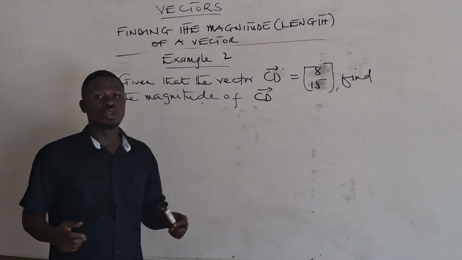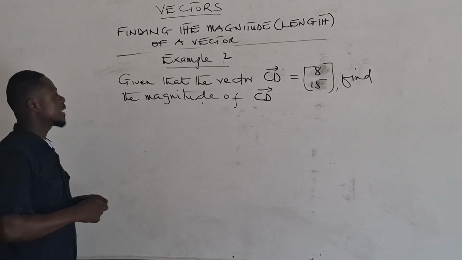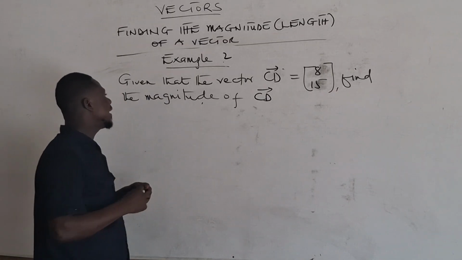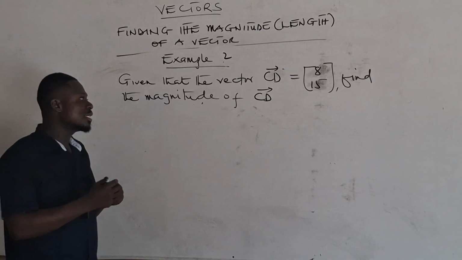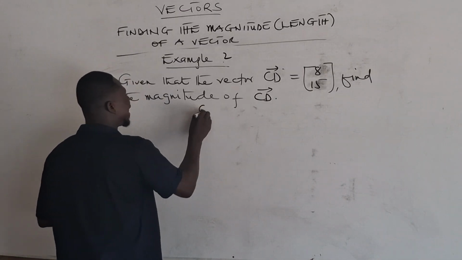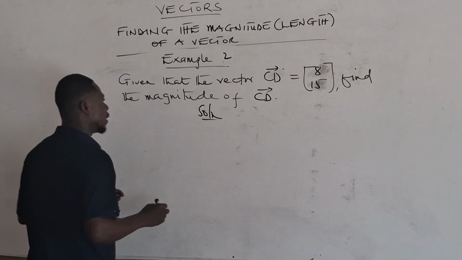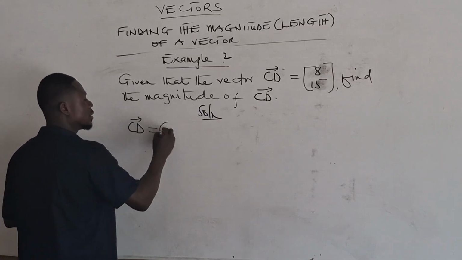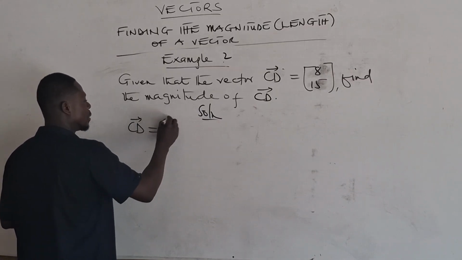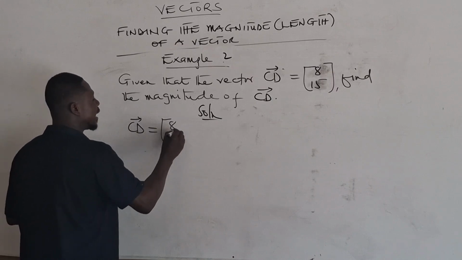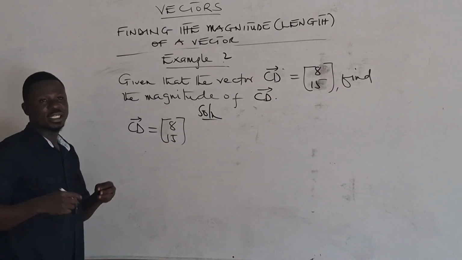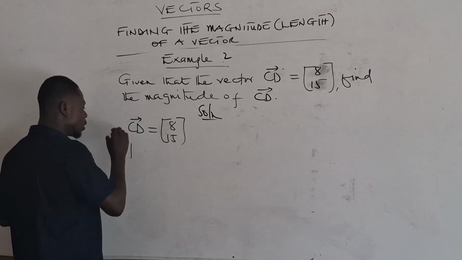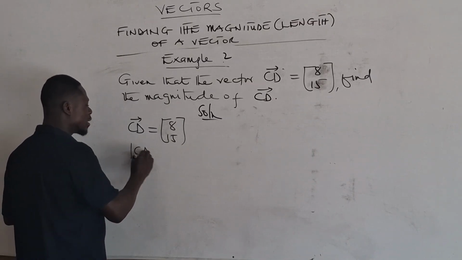In our example 2, we are given that the vector CD is equal to (8, 15). Find the magnitude of vector CD. So let's quickly look at how to find the magnitude. We have the vector given as (8, 15). And we know from the definition that when you want to find the magnitude, we write this.